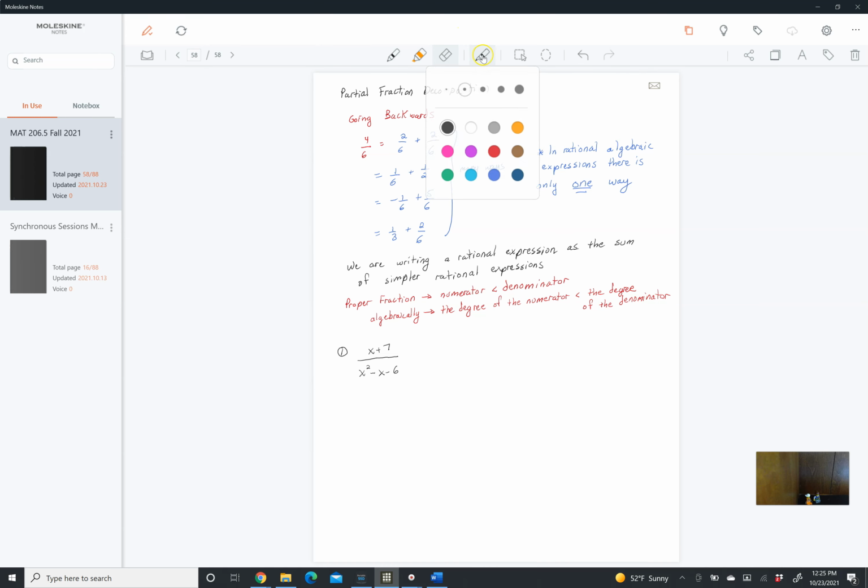So when we do this, again, if you need help with factoring, go back to the quadratics 1 video from a few weeks ago. X squared minus x minus 6 factors to x minus 3 times x plus 2. So our first step is to factor the denominator as much as possible.